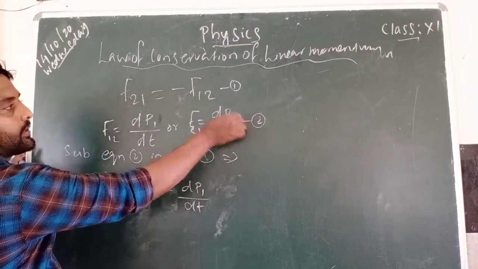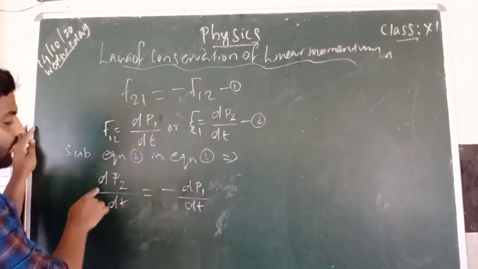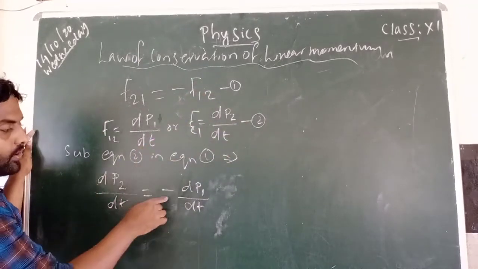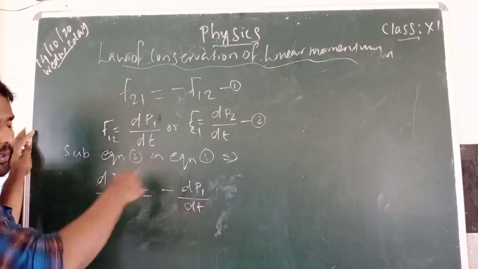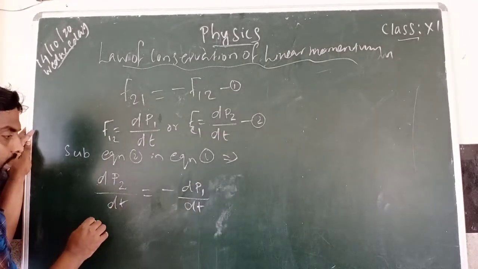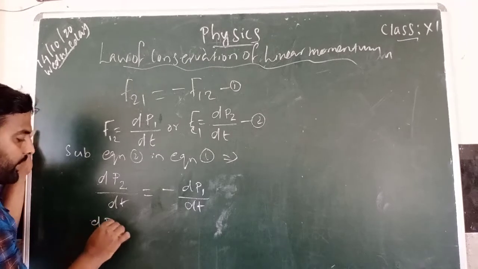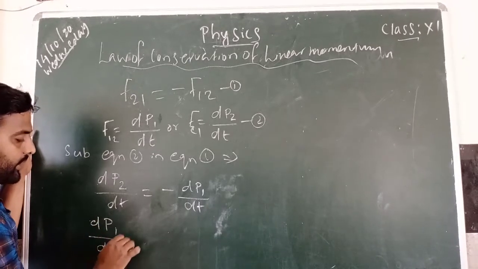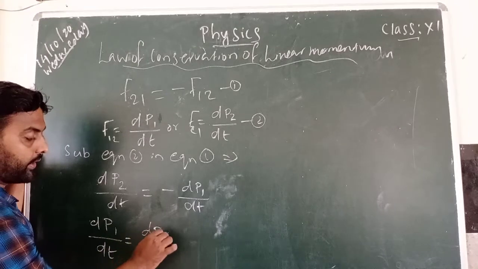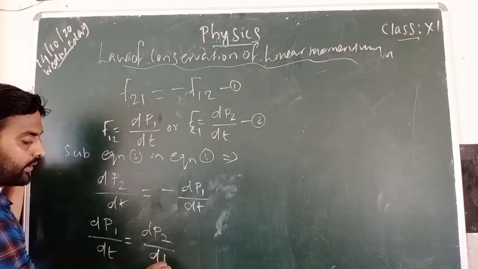Now substituting this here, what will we get? dP2 by dt is equal to minus dP1 by dt.